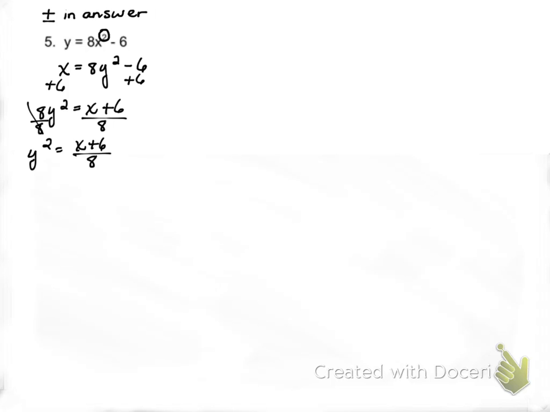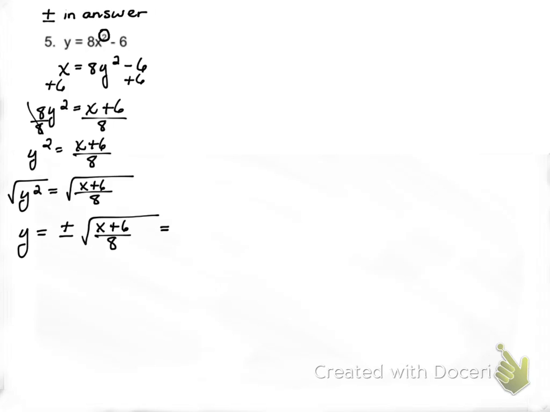Okay. Now you need to take the square root of each of these in order to get y. Well, the square root of y squared is y. But when we take that, then this answer is going to be plus or minus the square root of x plus 6 over 8.